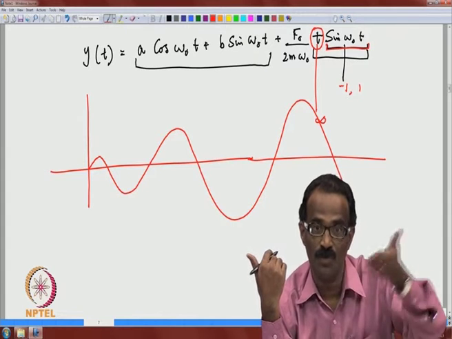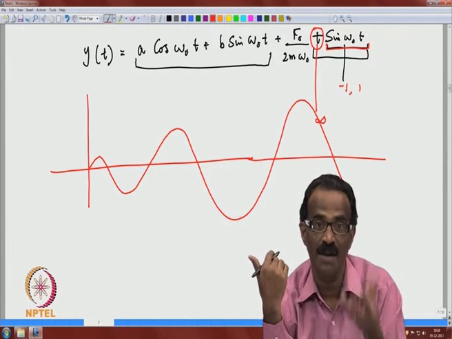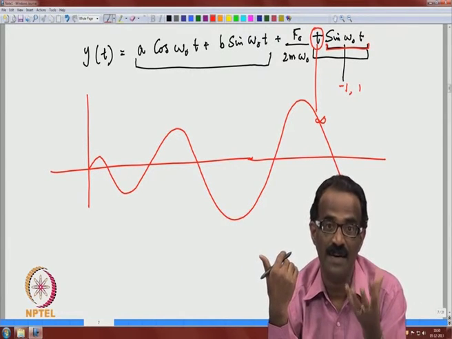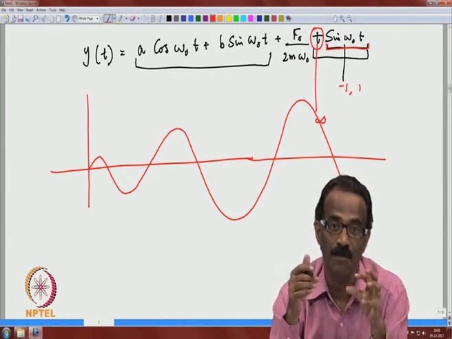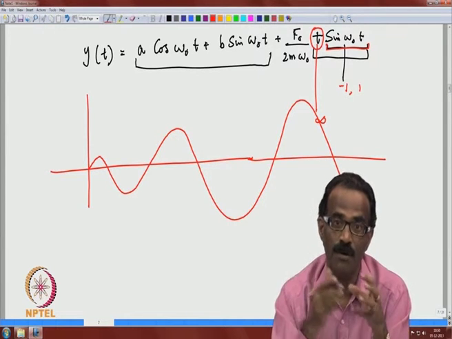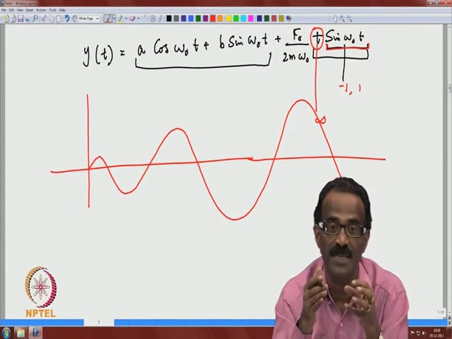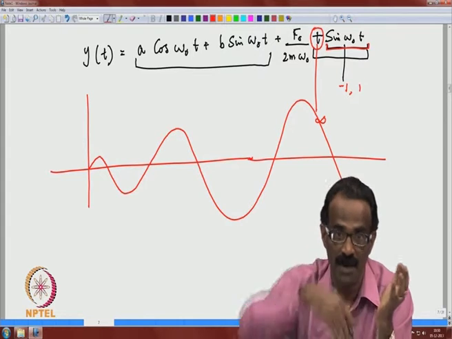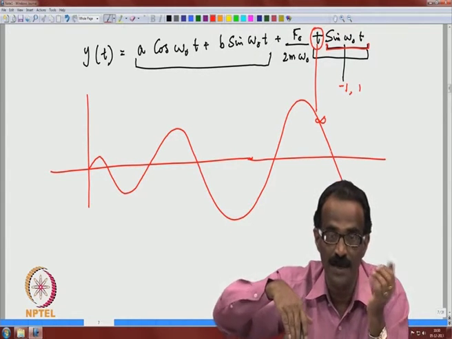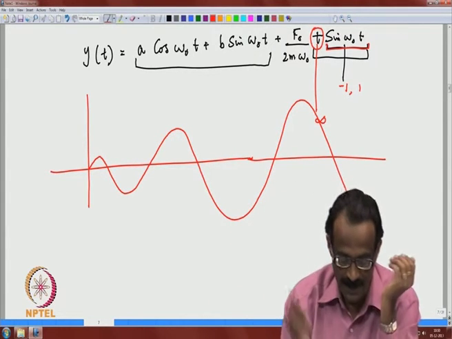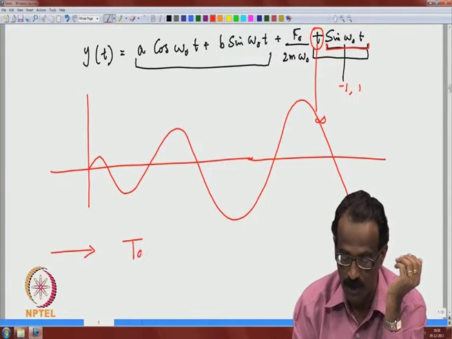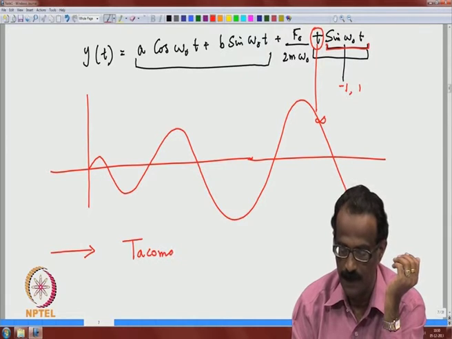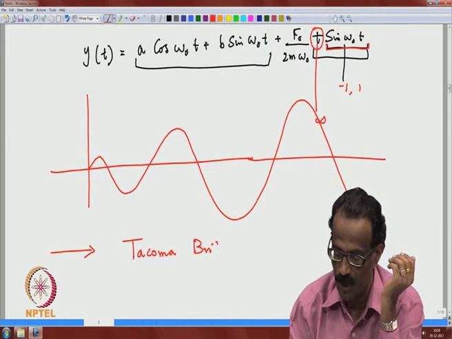If your bridge does not have enough damping, it is possible that the frequency of your bridge may coincide with the external frequency coming, and the bridge will start oscillating and the bridge will collapse. This is the famous one, you should go and read about the famous Tacoma bridge collapse.